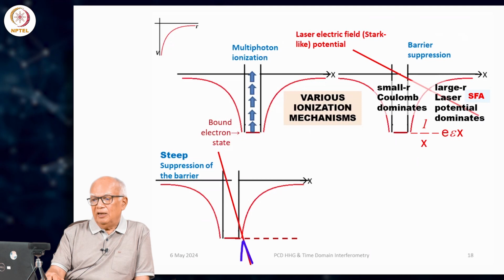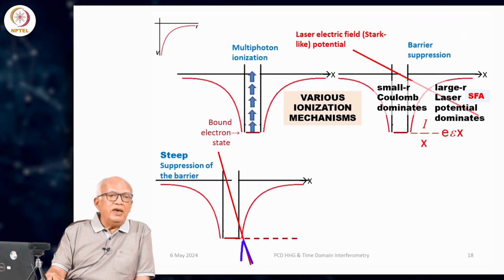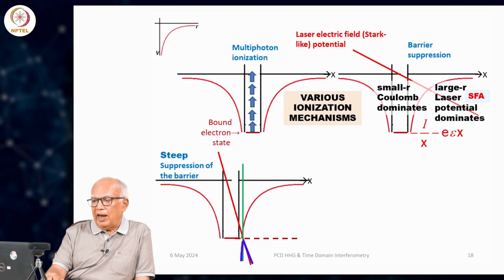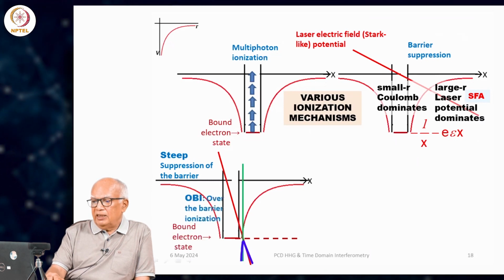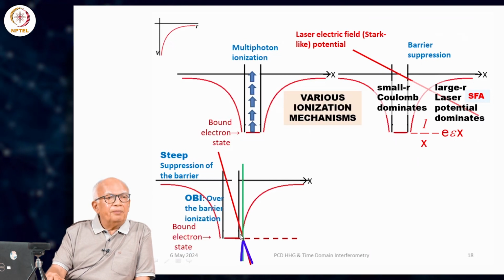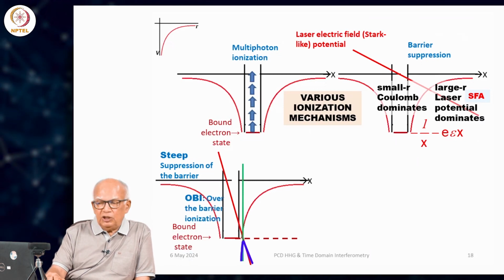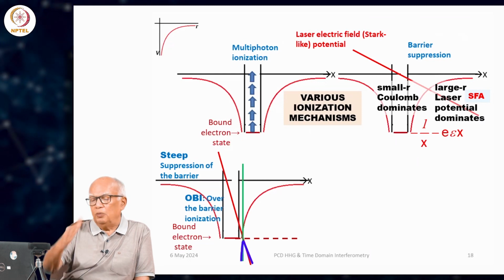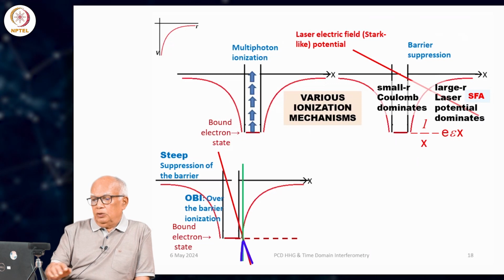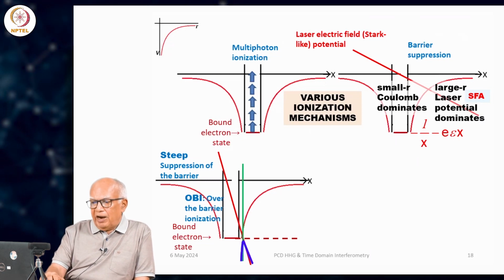So, this is called OBI, over the barrier ionization, and you can actually determine the distance at which this would take place, because that is where the two potentials will become equal. Okay. So, this is called OBI, over the barrier ionization.